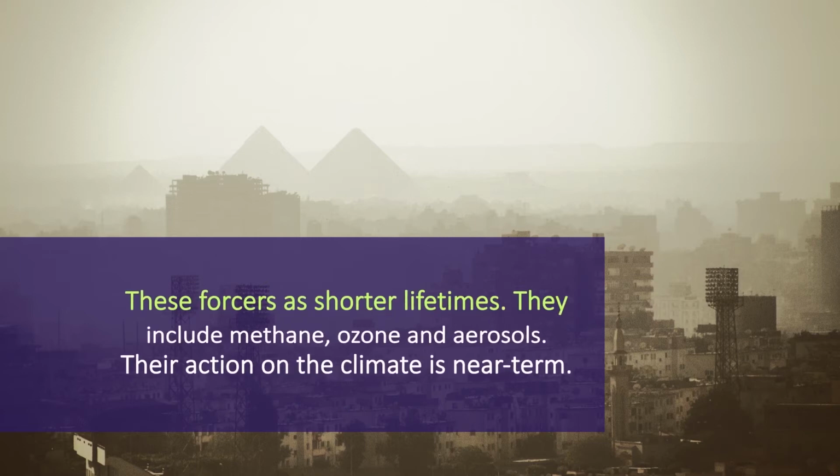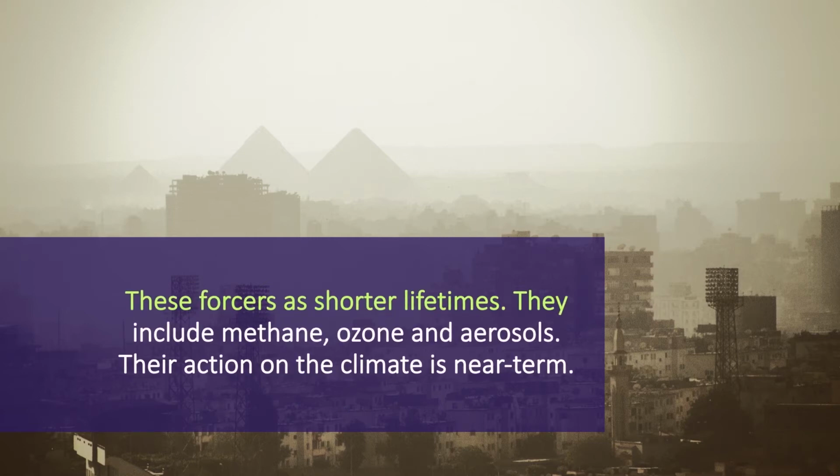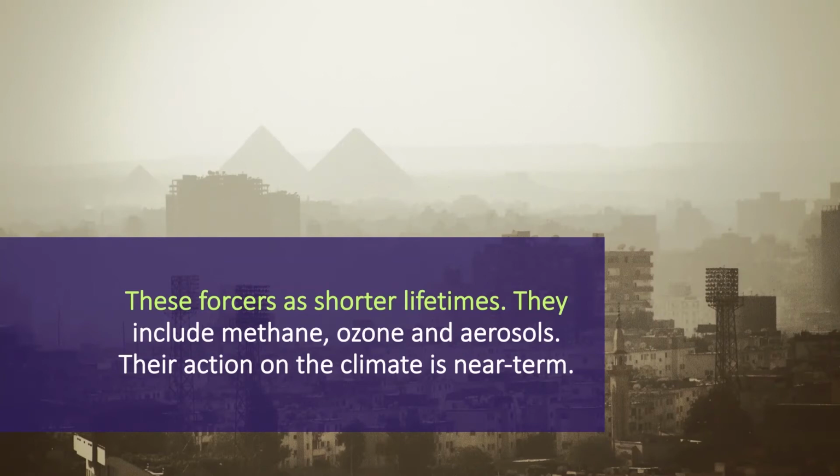They have a very short life in the atmosphere, and they are otherwise called shorter-lifetime forcers. They include methane, which has an atmospheric lifetime of around 10 to 12 years, as well as ozone and aerosols. Their action on the climate is near term.